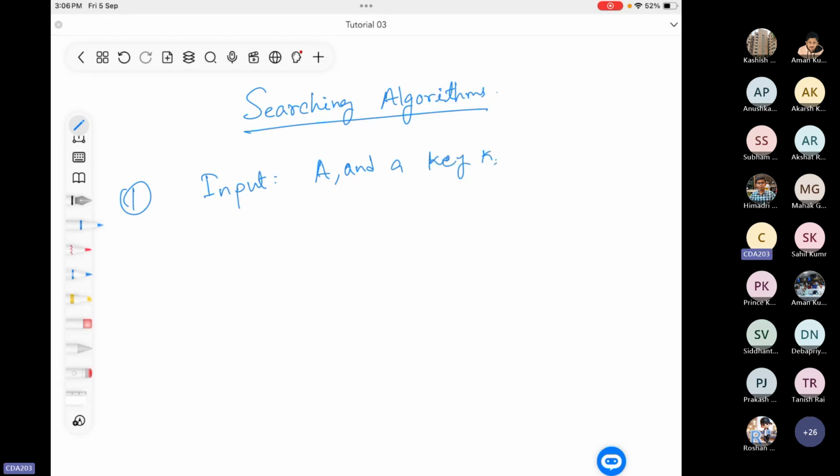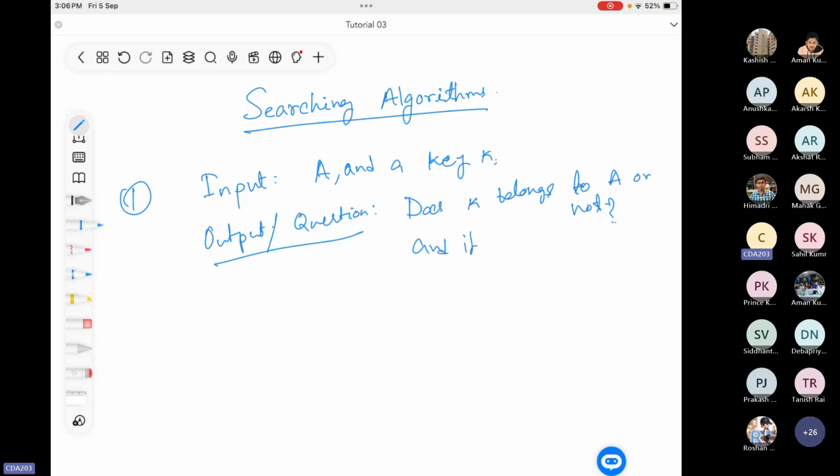Let's say K is the key. The question is: does K belong to A or not? And if yes, then the position of K.